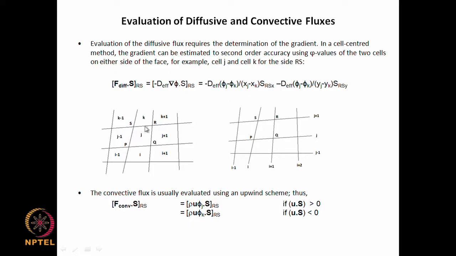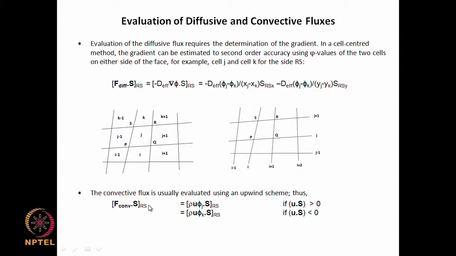Because we know the value of phi at this cell j and this cell k, we can say the gradient of phi is phi j minus phi k divided by x j minus x k, times S_RS,x, the x component of the surface vector, plus diffusivity times phi j minus phi k divided by y j minus y k, the y coordinate here, times the y component of this. This can be used for evaluation of the diffusive flux.